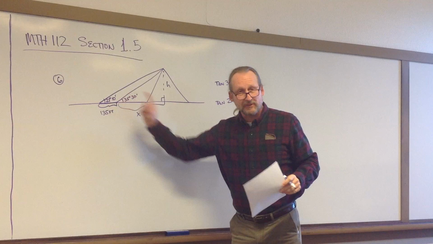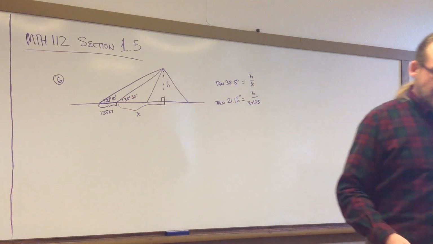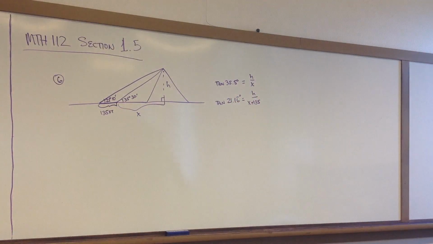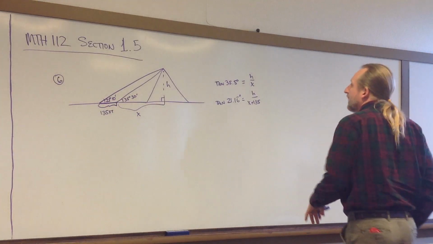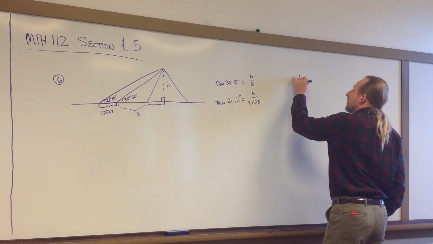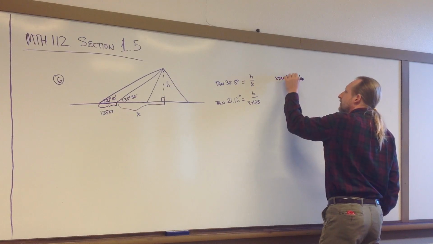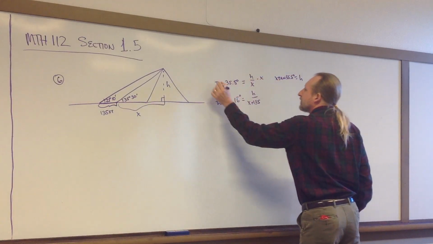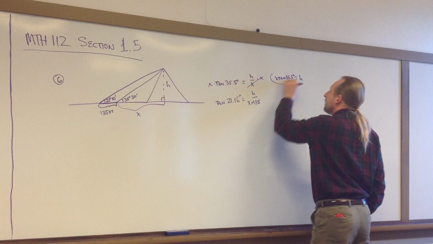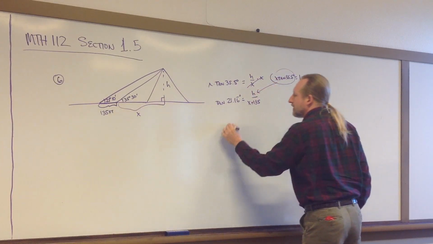You do that 10 over 60, and that'll be 1/6, which is 0.16 repeating. Okay, from there the process is the same. We're going to have H is X times the tangent of 35.5 degrees. And then we'll take this and plug it in here.